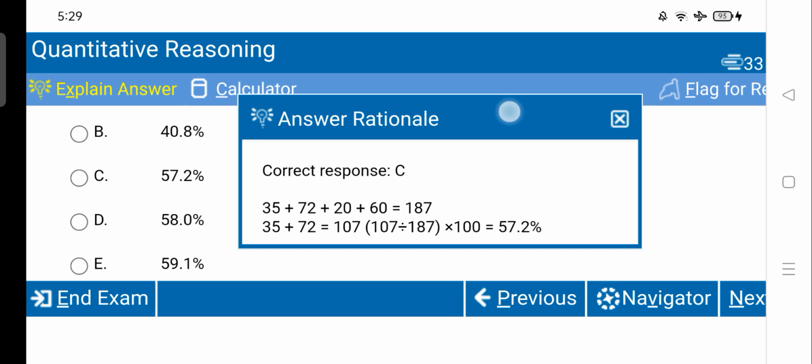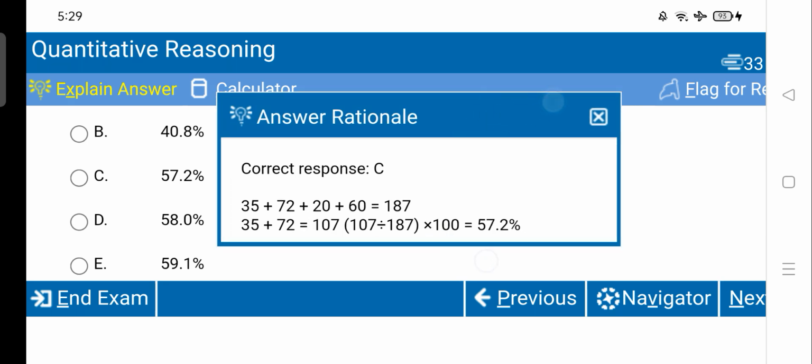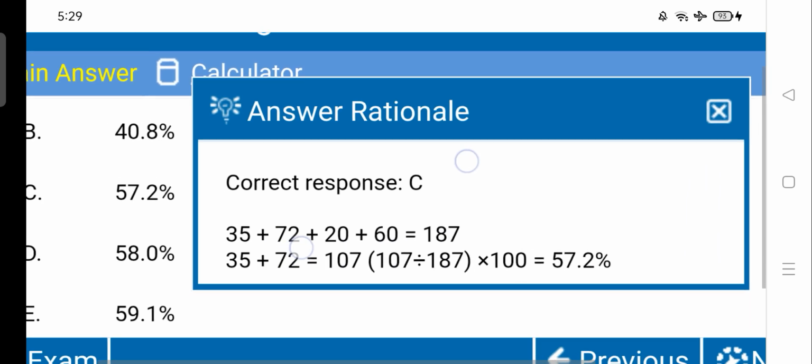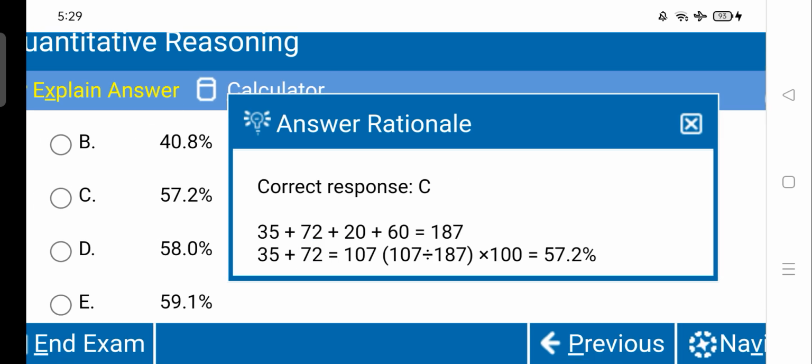So option C is correct. It's 35 plus 72 plus 20 plus 60 equals 187. So 35 plus 72 equals 107, and 107 divided by 187 multiplied by 100 equals 57.2%.